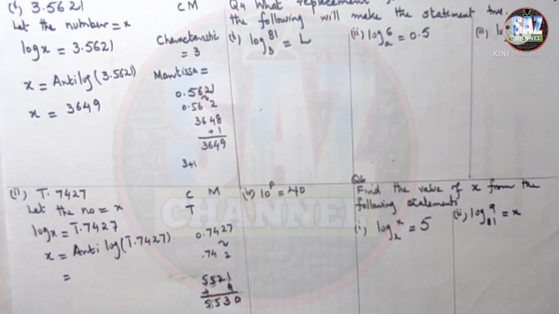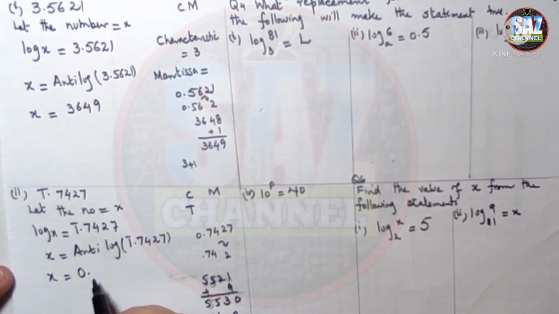We have to add 1 to the characteristic, and when I add 1 to 1 bar, my answer comes to 0. That means there has to be no 0 between this number and the decimal. So the value of x, the number for which the log is 1 bar 0.7427, is 0.5530.